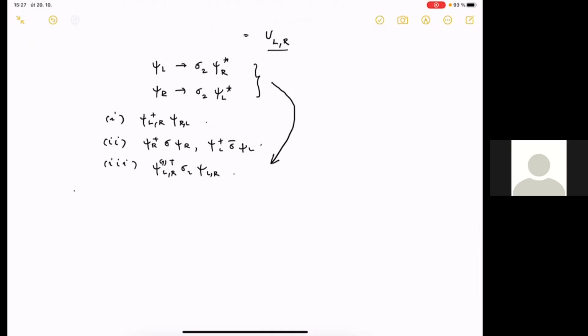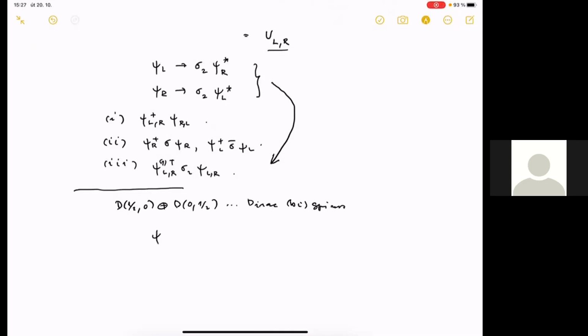Now, we know that another important representation, which will be connected, for instance, with the Dirac equation, is the representation D(1/2, 0) plus D(0, 1/2), which we called the Dirac bispinors.